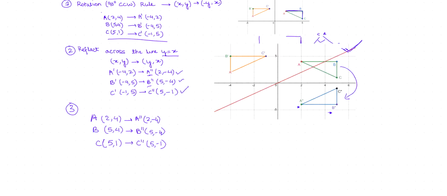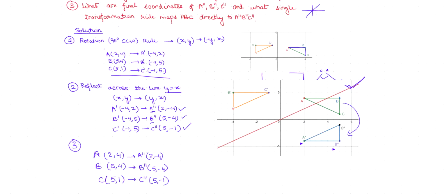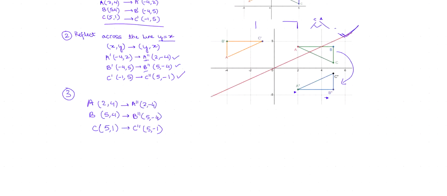So actually we see that this is A to A'' (2, -4). So here all y coordinates change sign. So basically it is reflection over the x-axis. So instead of doing two steps, like rotating 90 degrees counterclockwise and then reflecting over y = x, we could have directly done reflection over the x-axis and we can get this.